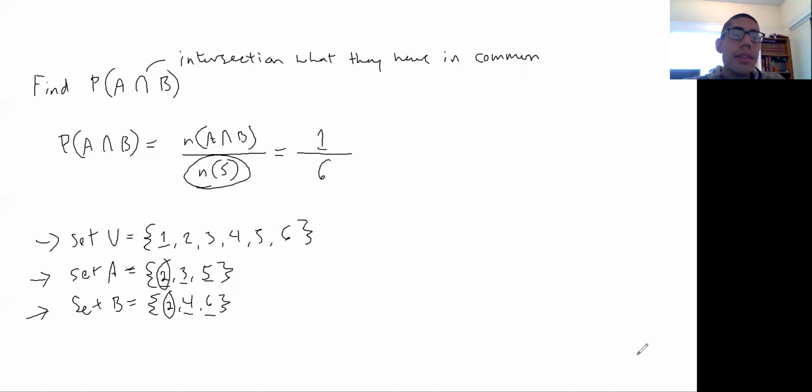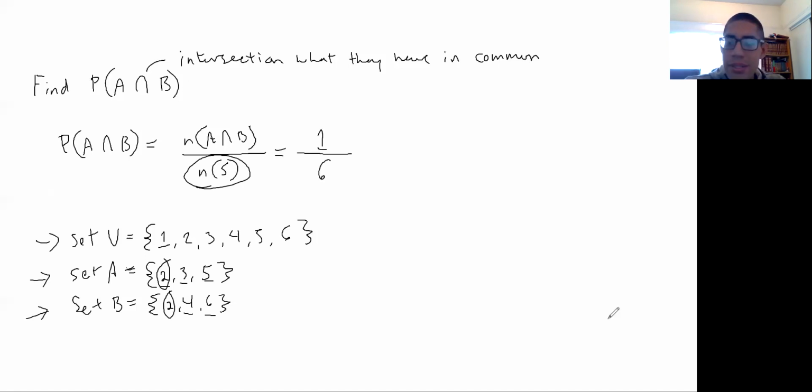So therefore, the probability of set A intersecting with set B is 1 out of 6. Because in order for me to get a number that was in both set A and set B, I have to roll 2. And there's only 1, that gives me a 1 out of 6 chance, all right?